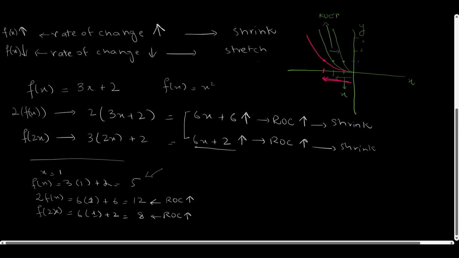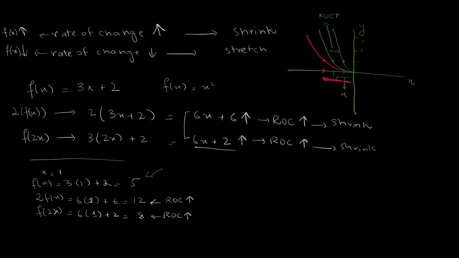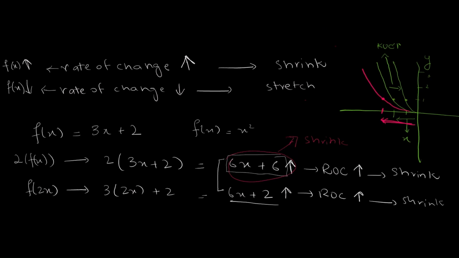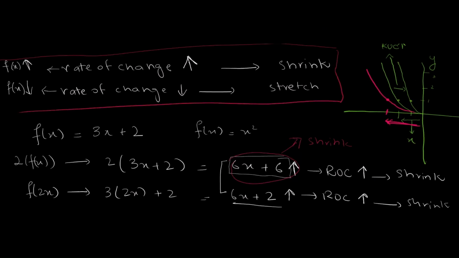No, because right now when you multiply by the output, the complete function gets multiplied, and this would give you a larger value of y as compared to this. So the conclusion stands here that if f(x) increases, the rate of change also increases and the function would shrink.